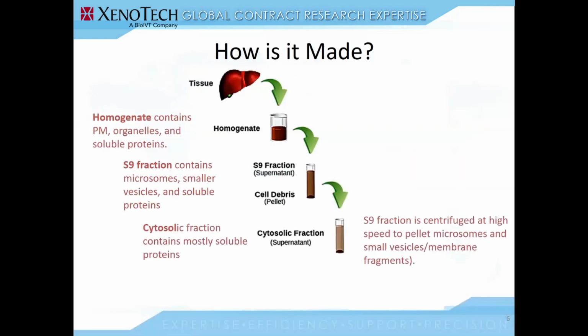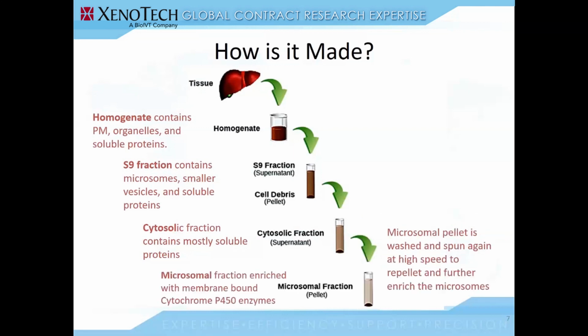The S9 fraction can then be centrifuged at high speed to separate the microsomes from the soluble cytosolic proteins. The supernatant is the cytosolic fraction, and the pellet contains the microsomes. After the cytosol fraction is pulled off, the microsome pellet is washed and repelleted to further enrich the specific activities associated with the microsomal fraction.